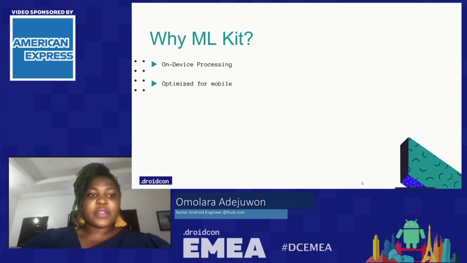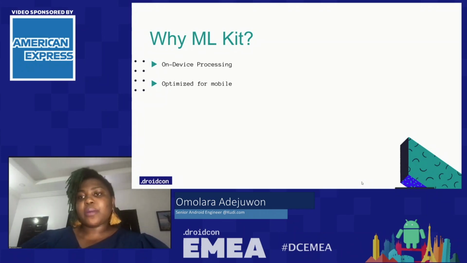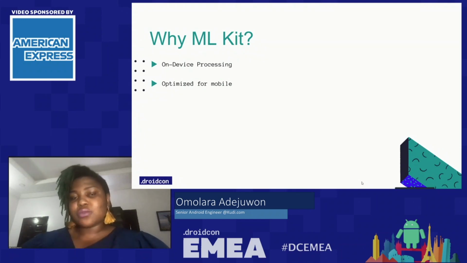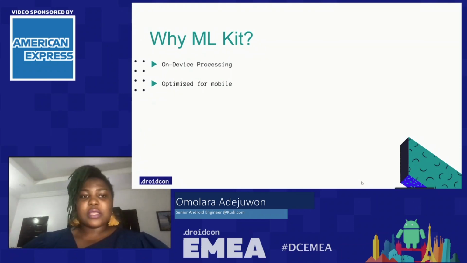It's also very optimized for mobile, because it does on-device processing and works offline. The package has been built strictly for mobile devices. It works on iOS, it works on Android, so it's a no-brainer. Like I said, it works offline.